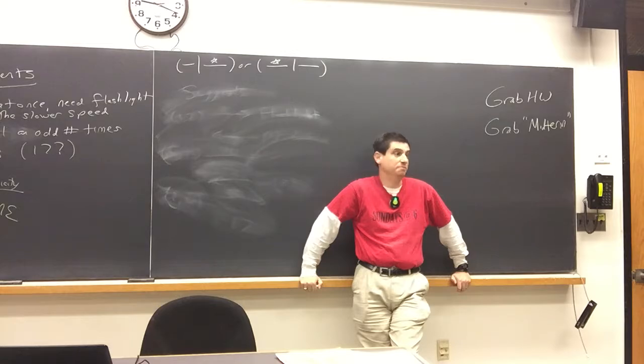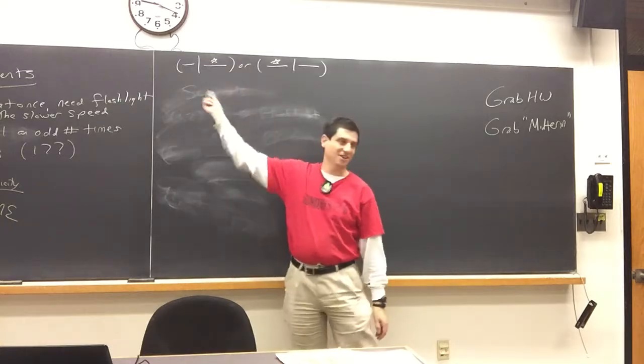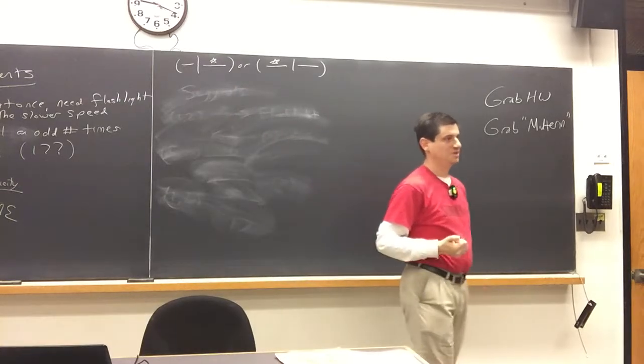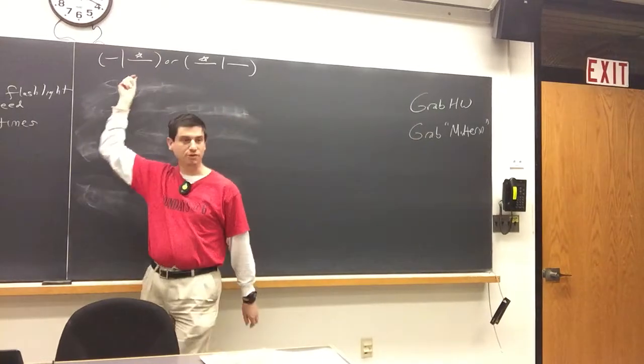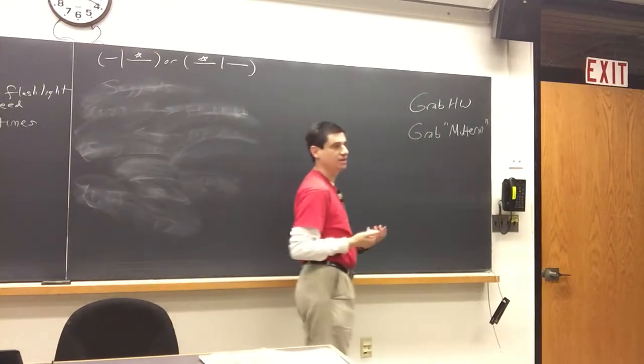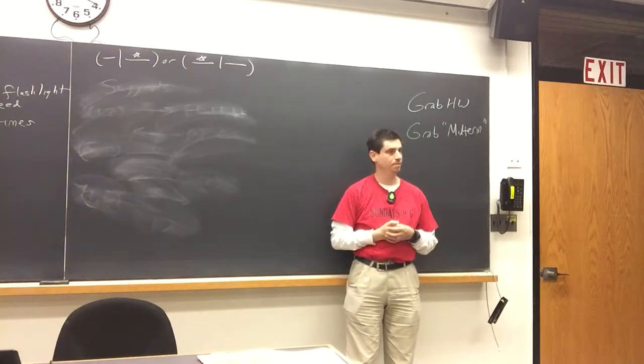What do you think star might be? The flashlight. And what do you think the two different sides are? Whoever's on the left side of the bridge, whoever's on the right side of the bridge, and where's the flashlight? I can write down every configuration in this form.